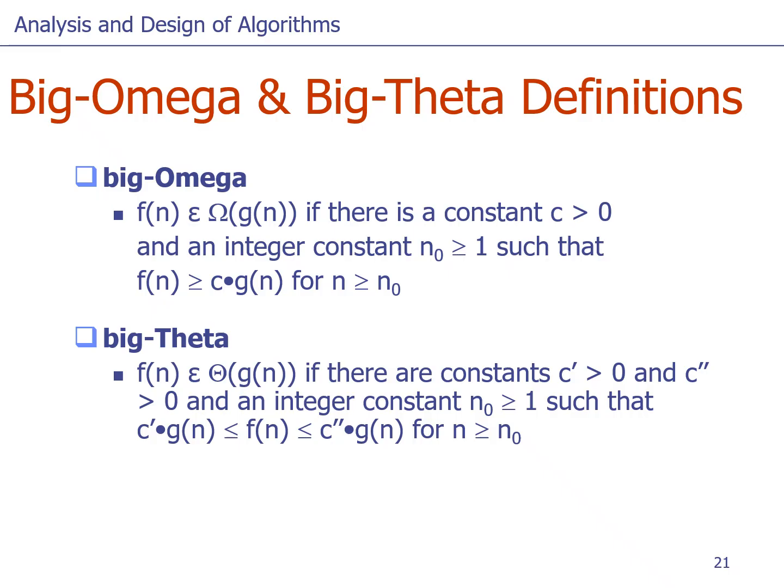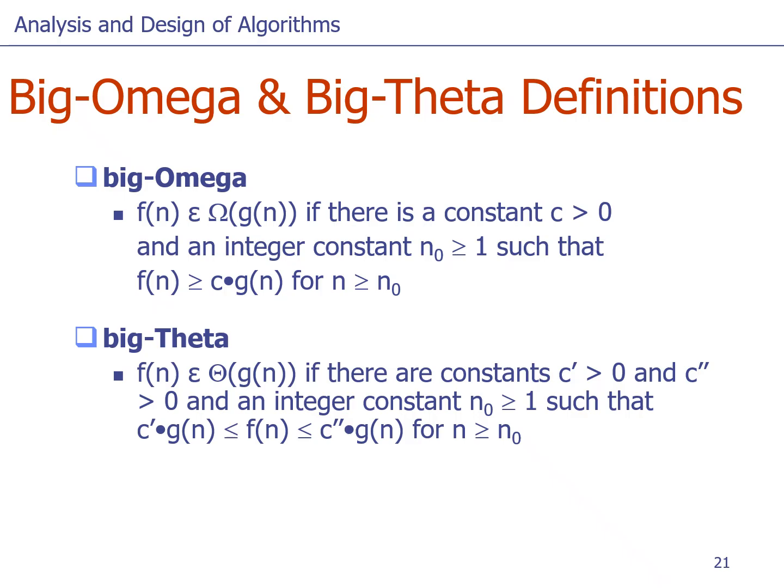Let me read the definition. It says f of n is in theta of g of n if there are constants c naught greater than 0 and c double naught greater than 0 and an integer constant n naught greater than 1, such that, as you see, f of n here is sandwiched between c naught multiplied by g of n and c double naught multiplied also by g of n. Okay?